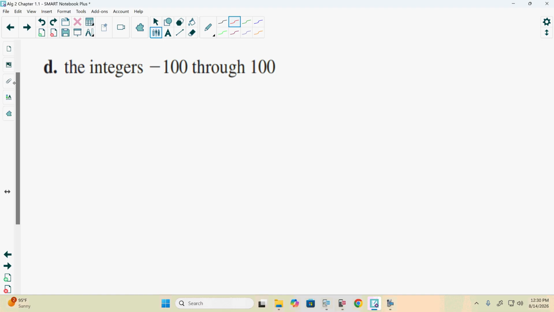Now, I wouldn't write out all the numbers for this because we would go brace, negative 100, negative 99, negative 98, negative 97. However, after the dots, we can't just put a brace because does this continue forever? No, where are we going? 97, 98, 99.